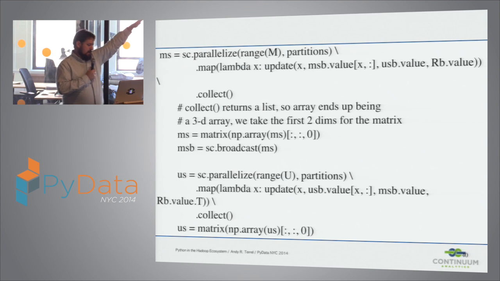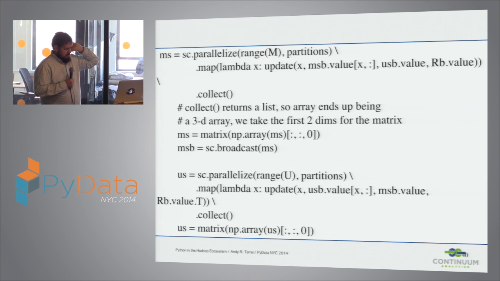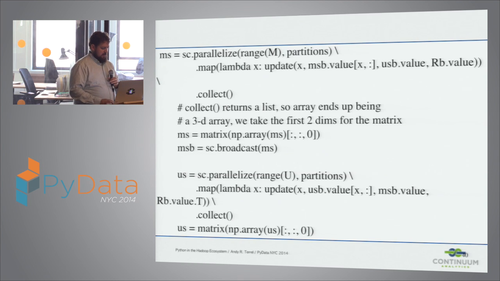Then I say I have to parallelize this function here. I say parallelize this map into these partitions, map this update function with a whole bunch of values, and we'll talk about this update. At the end of that, I will have a matrix MS that I can then broadcast throughout and then parallelize another matrix computation.